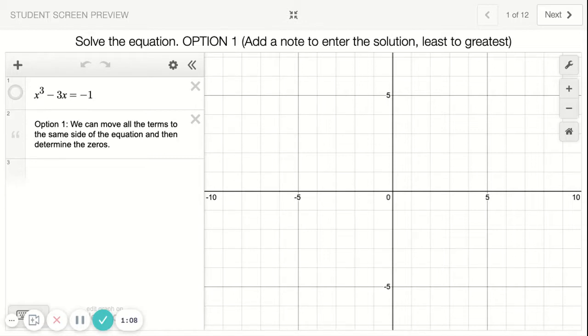So we're going to set this first equation equal to 0. Right now it is equal to -1. So instead of -1, we're going to add 1 on both sides so that we get our equation equal to 0. So that's the first step.